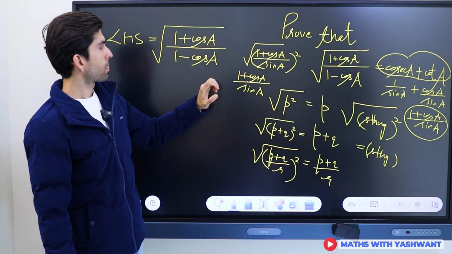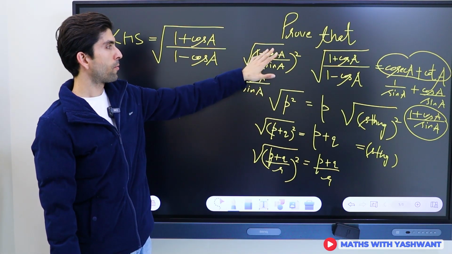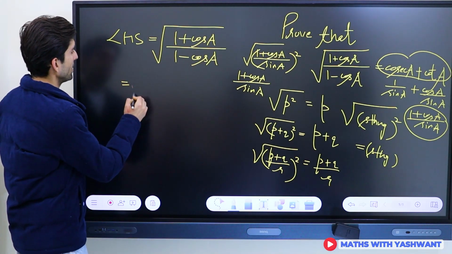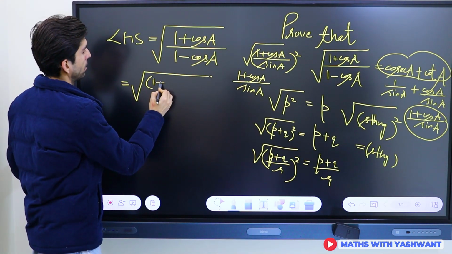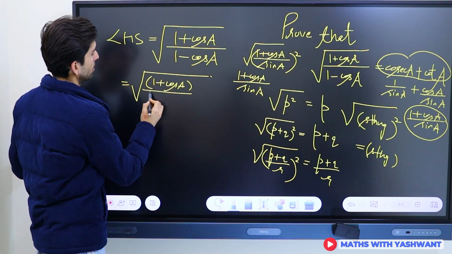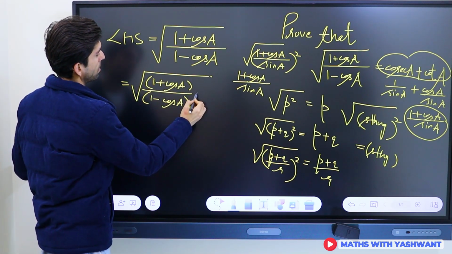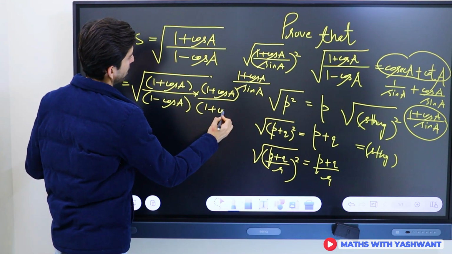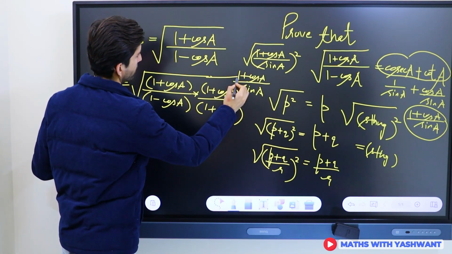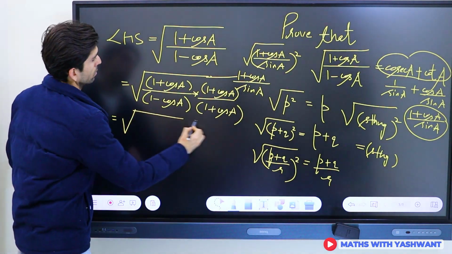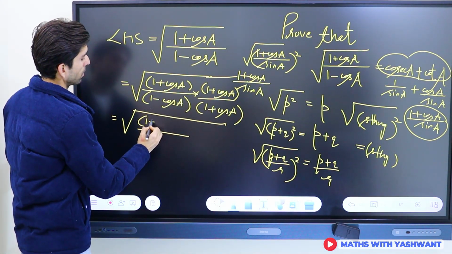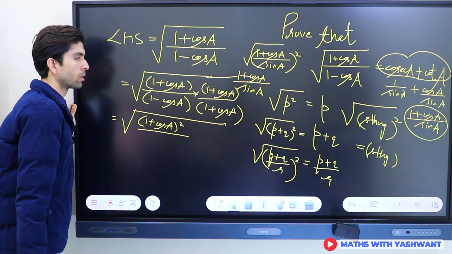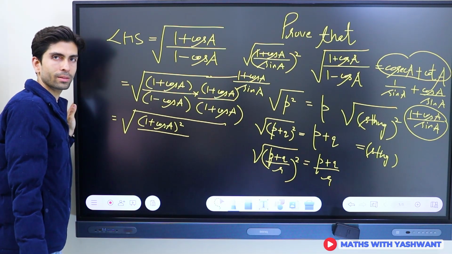Because in the numerator we are getting 1 plus cos A square, this gives me an idea that I should multiply the numerator and the denominator by 1 plus cos A. If we do that, the numerator becomes 1 plus cos A whole square, and in the denominator we see A minus B into A plus B, which actually gives us A square minus B square.